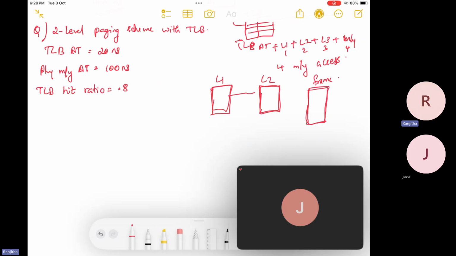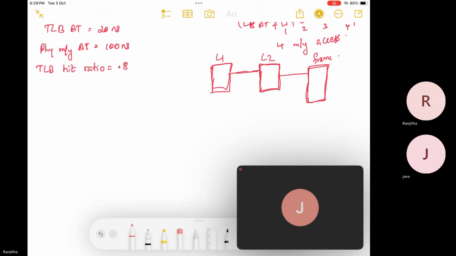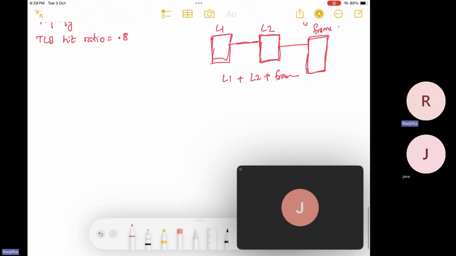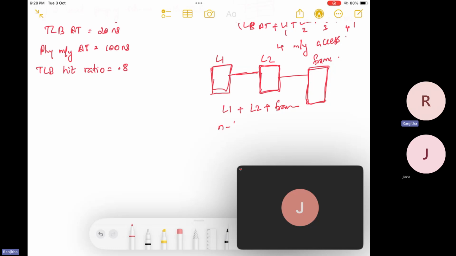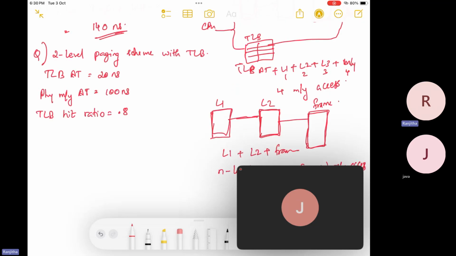So if I'm having 2-level paging, in case of a TLB miss, there will be 3 memory accesses: L1 access time plus L2 access time plus frame. All these 3 are memory access time. So if we have N level paging, then we will have N plus 1 memory accesses. In this question, it is 2-level paging.